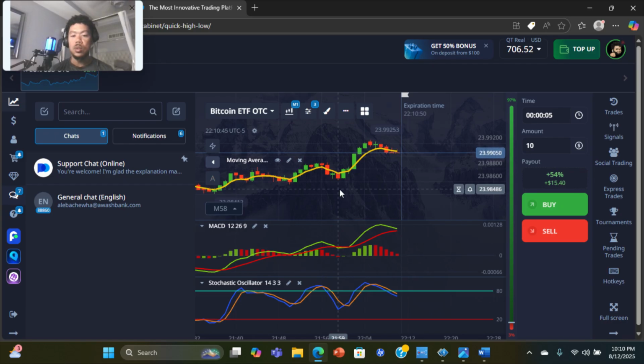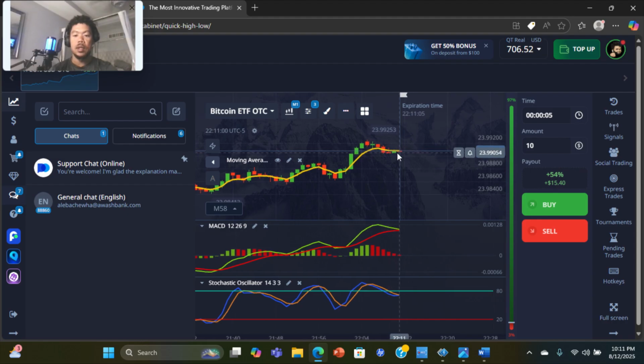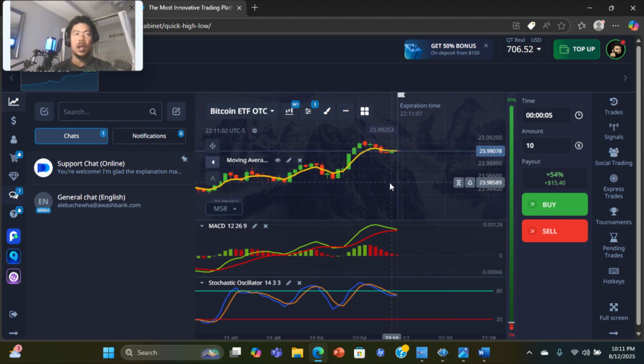I use all three of these tools to make my decisions, but I also consider zones, psychological floors and ceilings. I look for opportunities where the price is going to bounce off the moving average. There are a couple of ways I trade, depending on what I see, and that's based on a lot of experience.